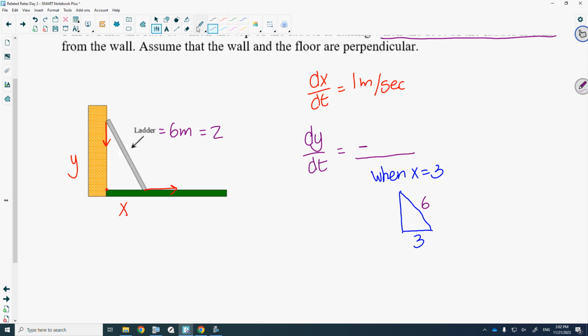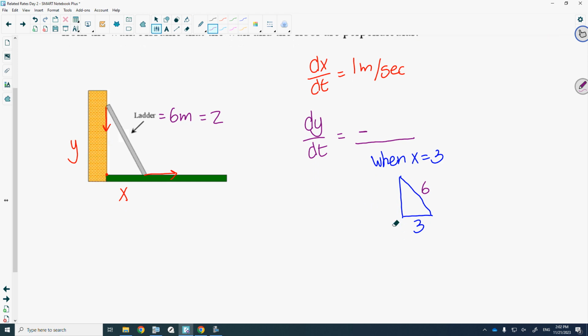Can I use Pythagorean theorem to figure out what the height of the wall is? Yeah. So this guy was y, so let's figure out what that would be. x squared plus y squared equals z squared. 3 squared plus y squared is equal to 6 squared. 9 plus y squared equals 36.